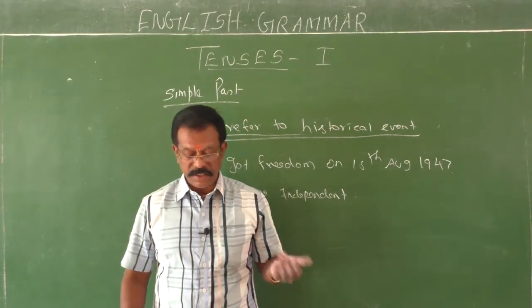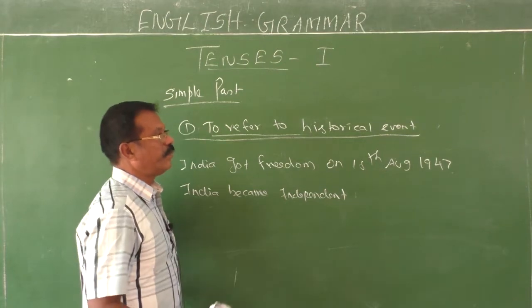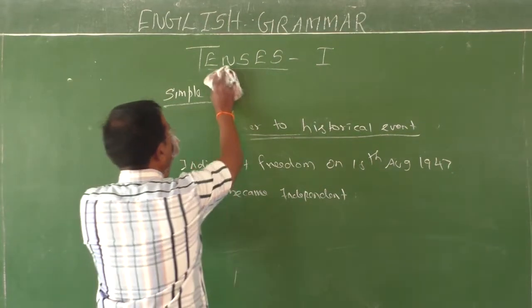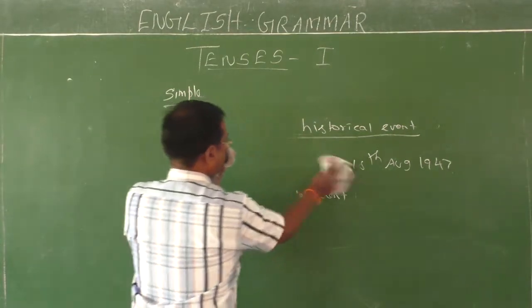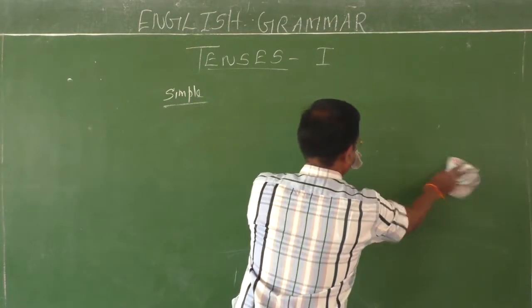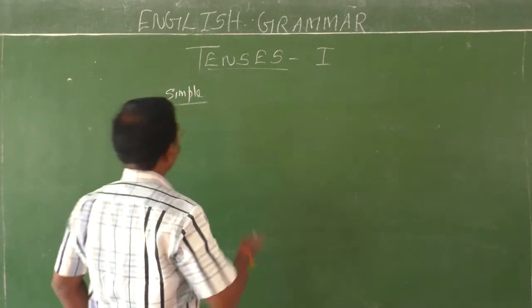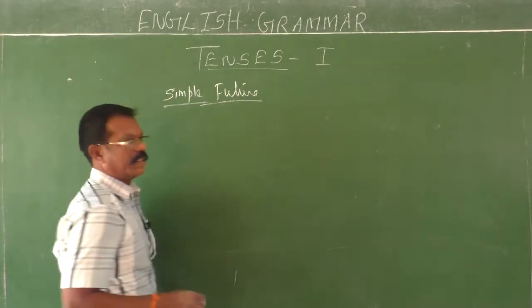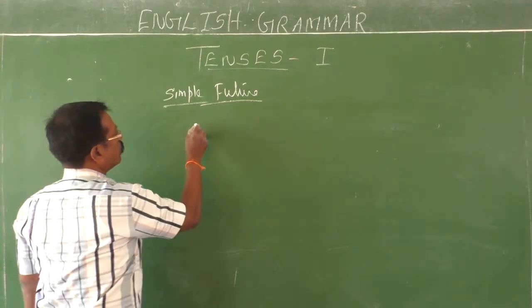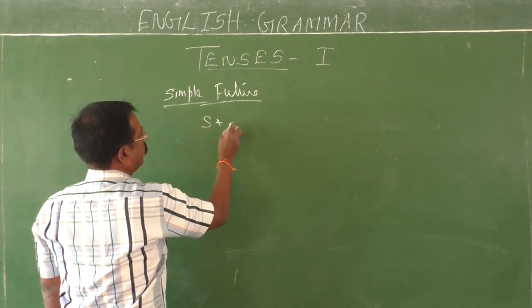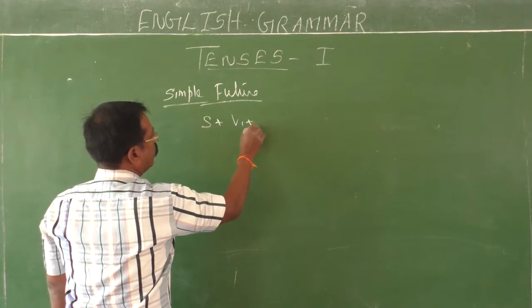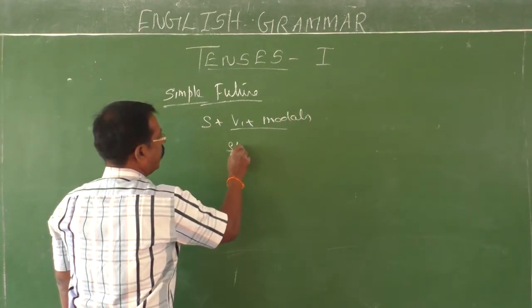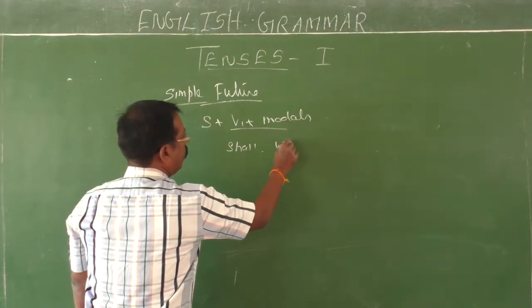Okay, children. Next, let me explain simple future. How these future tense are used. To form future tense, we have to use what is the formula? Subject plus V1 plus modals. Shall, will.